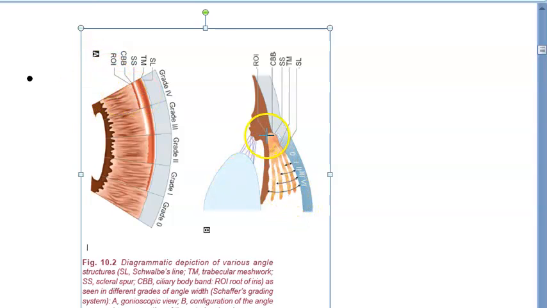So root of iris you can easily see here. This root of iris they have shown here, right? Root of iris. Then the ciliary body band. Yes. Then you can see the, what is SS? Scleral spur. Then you can see trabecular meshwork. And then you can see the Schwalbe's line. So there is some mnemonic for this, right? I can see.